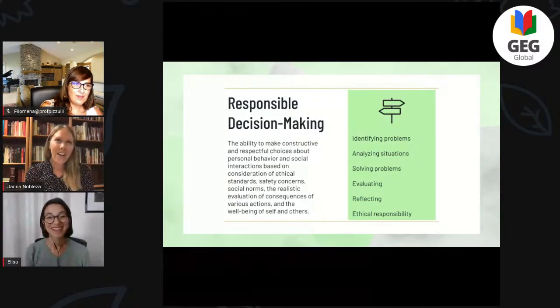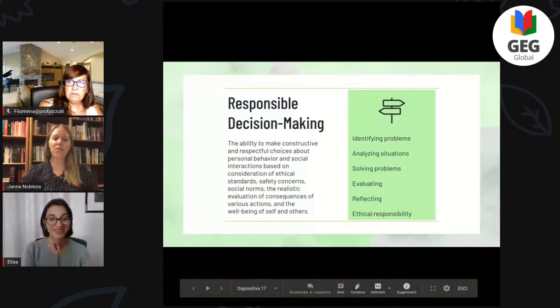Yeah, so I love the idea of mindfulness. I've taken a couple of mindfulness classes as well, and mindfulness is a great way to talk to students about responsible decision making.